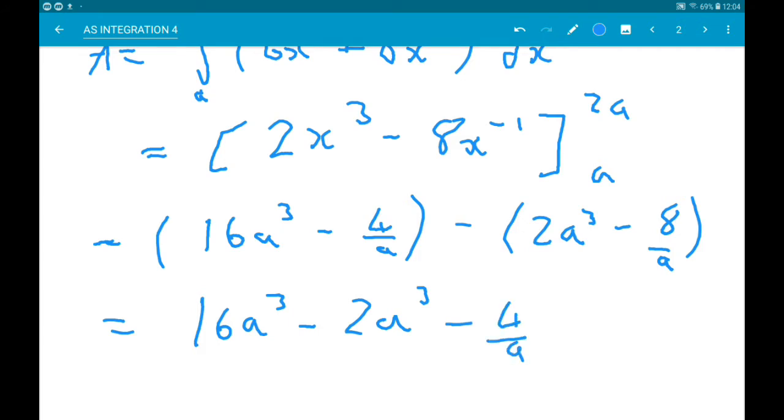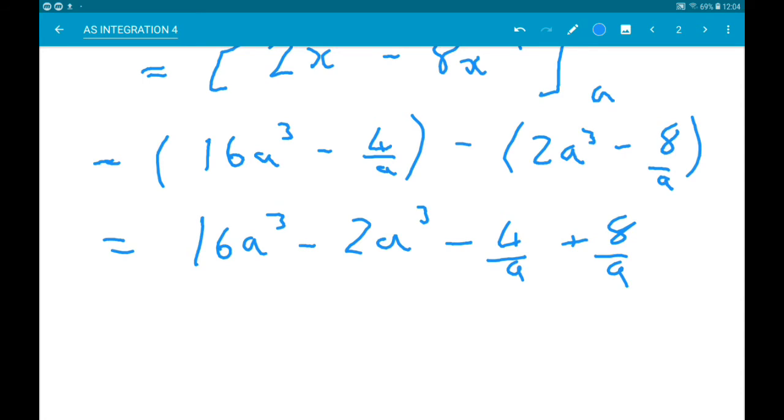And then minus 8 over a, so add 8 over a. So finally we have 14a cubed add 8 over, no, sorry, add 4 over a.